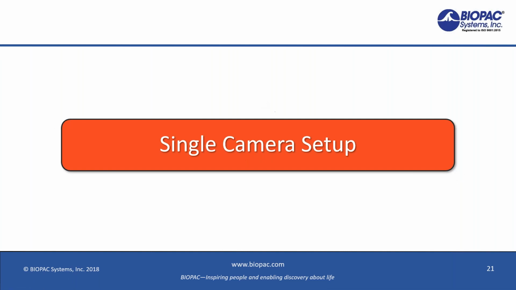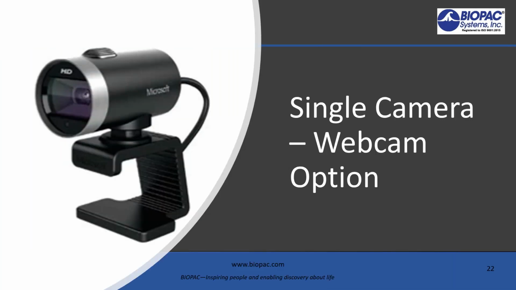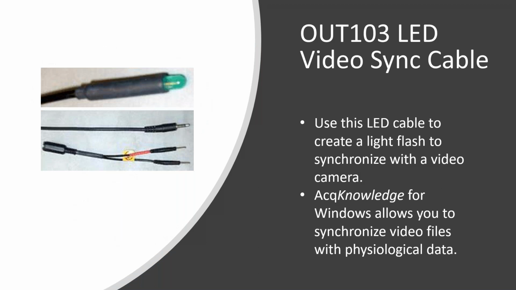Okay, so what I'm going to do is run through a single camera setup, and there's little bits and pieces. This is the camera I'm using, as I mentioned. It's just a very generic USB Microsoft LifeCam, simple plug and play. The key part to using these and getting the synchronization taken care of is finding a way in which you can synchronize.